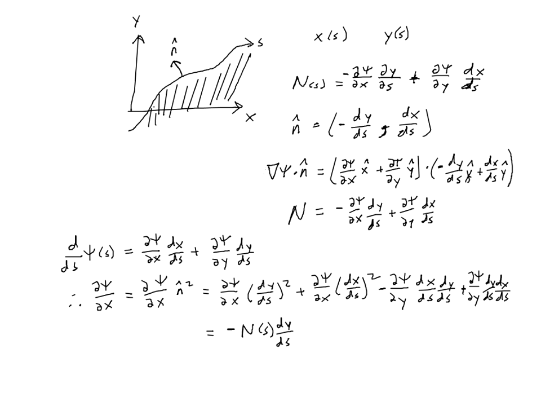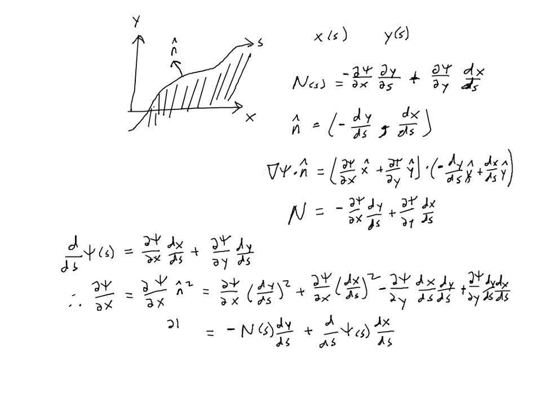And then I also have minus d psi dy dx ds dy ds, which is this term right here, the third term. So those two terms are basically wrapped up in here. And then for the other ones, I've got these two where this is d psi dx dx ds and then d psi dy dx ds times dy ds. So that is basically like saying d ds of psi of s multiplied by dx ds.